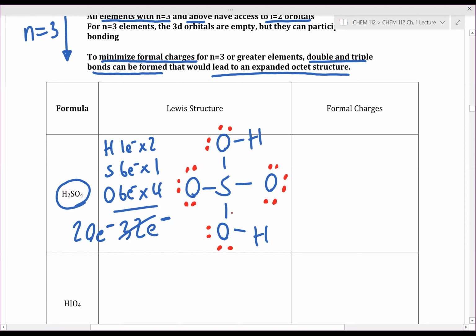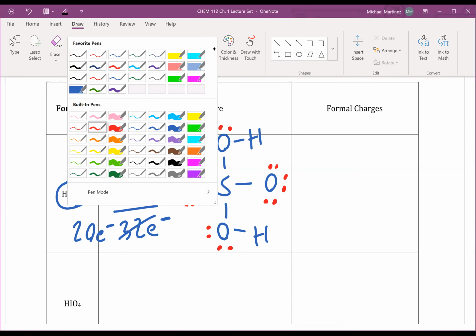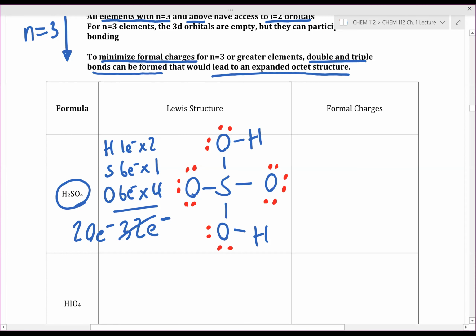Now, this is the structure that you'd probably have drawn for sulfuric acid in 101 or 102. It fulfills the octet rule for sure, but if we take a look at our formal charges, is there a problem with our formal charges? Let's take a look. What is our theoretical formal charge on this leftmost oxygen? Just utilizing pattern recognition. -1, exactly right. We have a formal charge of -1 on each of these oxygens.